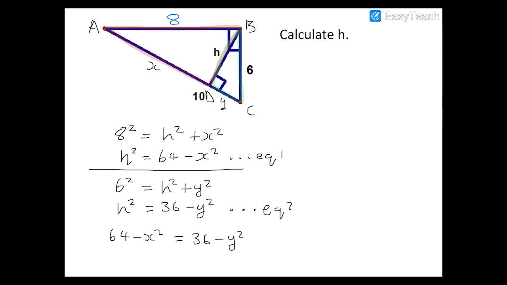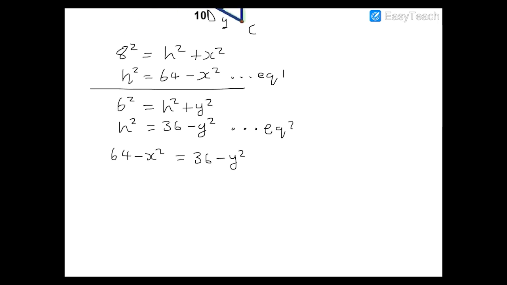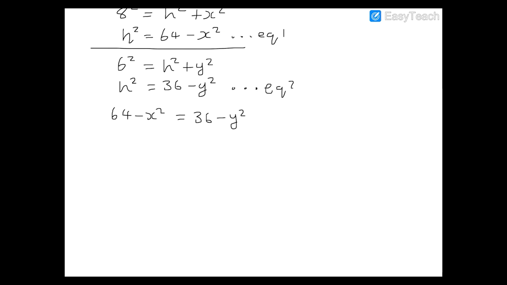I'm going to manipulate this a bit. If I bring the 36 this side and the x squared that side, I end up with 64 minus 36 is equal to x squared minus y squared.